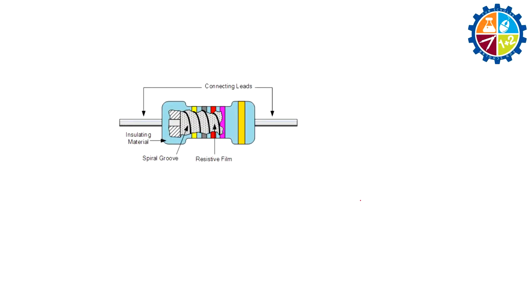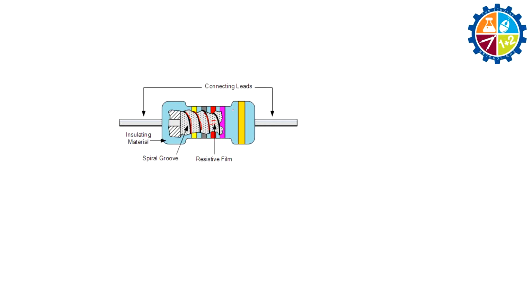Now let's see how a resistor looks from inside. Most common resistors are made of either a carbon, metal or metal oxide film. So this is the film, and a thin layer of conducting material. This is the conducting material. A thin layer of conducting material is wrapped in a helix around or covered by an insulating material.